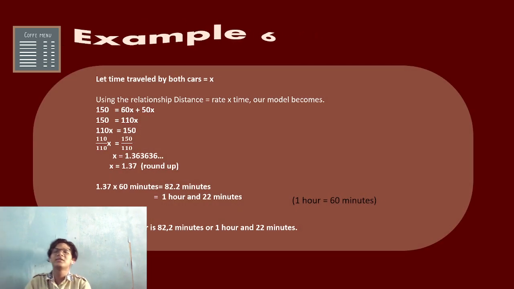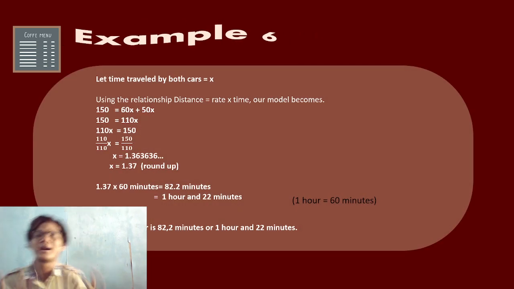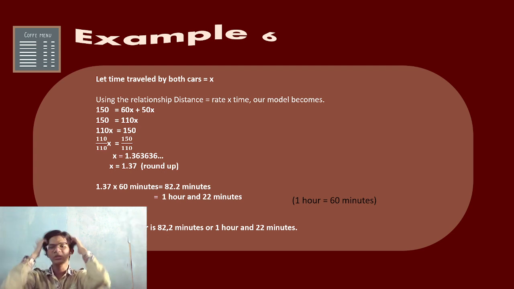So let the time traveled by both cars be X. Using the relationship distance is equal to rate times time, our model becomes 150 is equal to 60x plus 50x. 150 is equal to 110x.